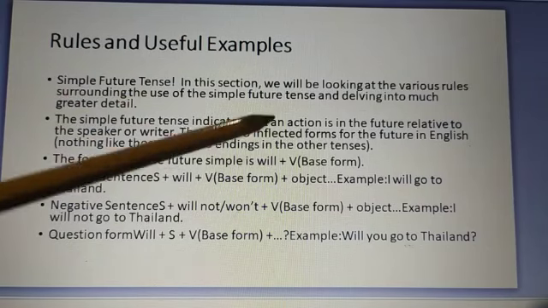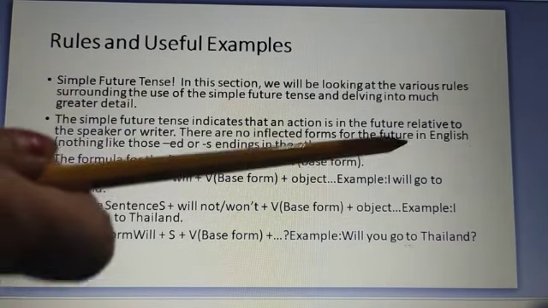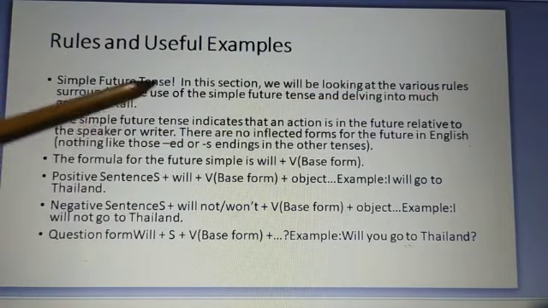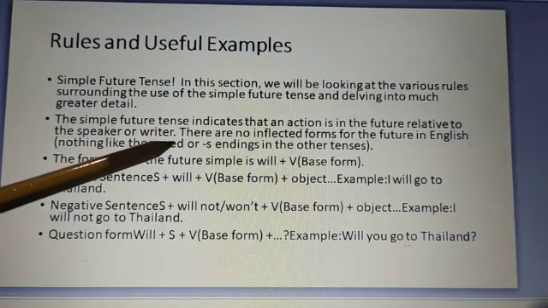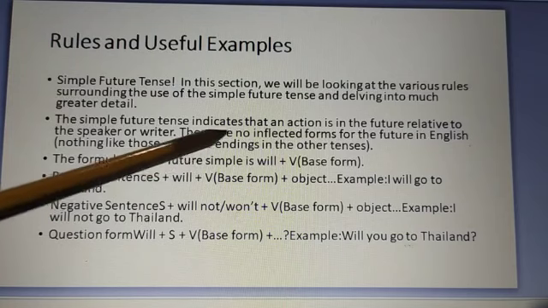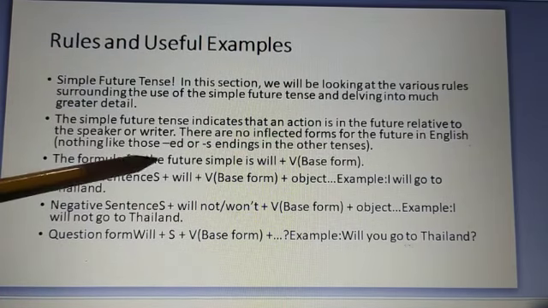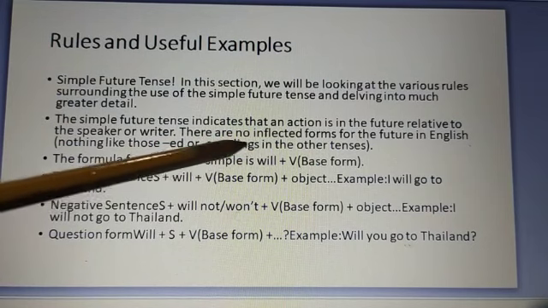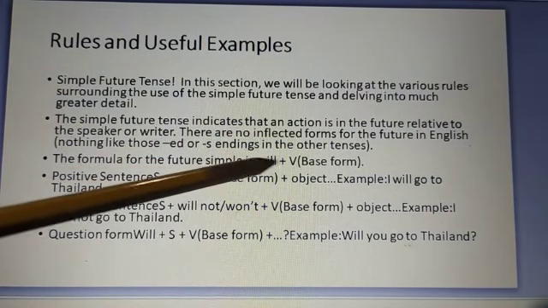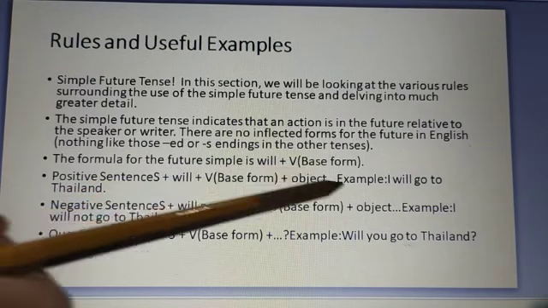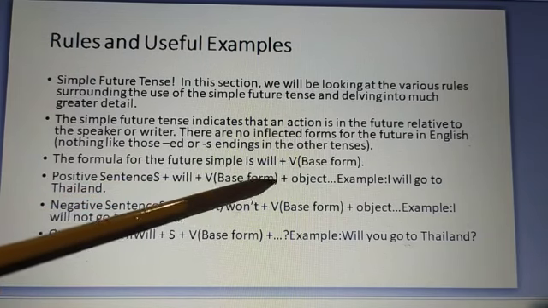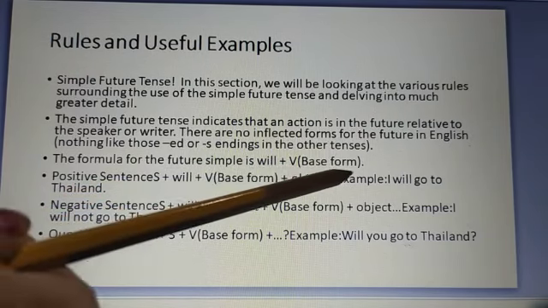There are no inflected forms for the future in English, nothing like those -ed or -s endings in other tenses. The formula for the simple future is will plus V, that is, the base form of the verb. Will plus verb base form.